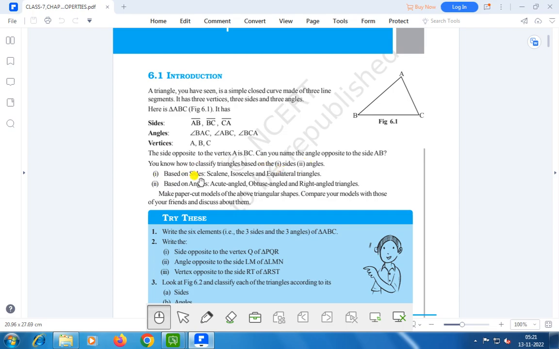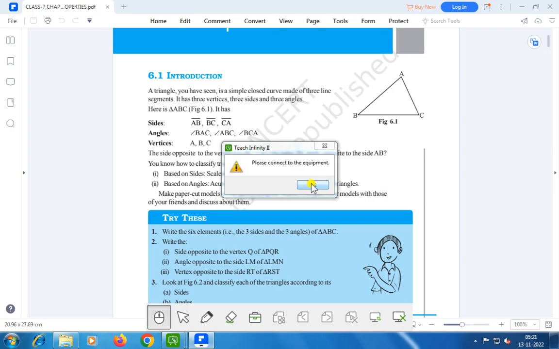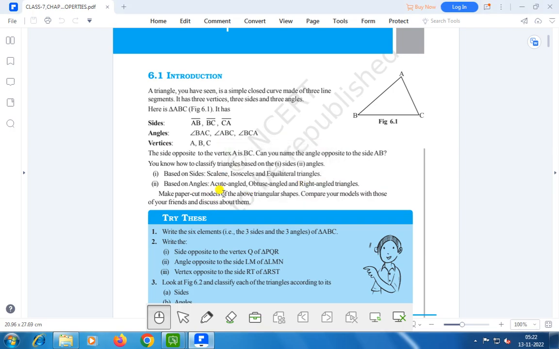Right? You know how to classify triangles based on the sides and angles. Based on sides, a scalene triangle means all the sides are unequal, an isosceles triangle is a triangle having two sides equal, and an equilateral triangle means all the sides of the triangle are equal. Based on angles we have acute angle triangle, obtuse angle triangle and right angle triangle.